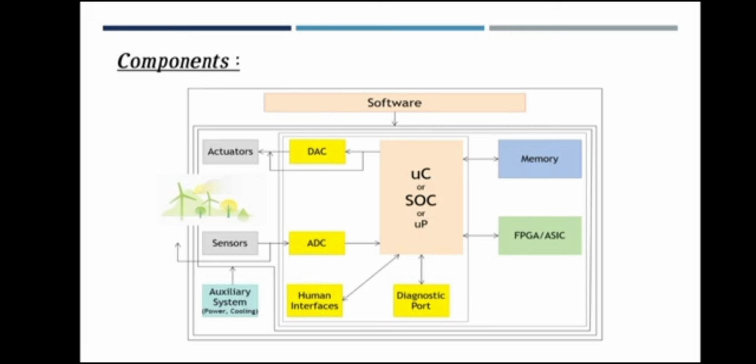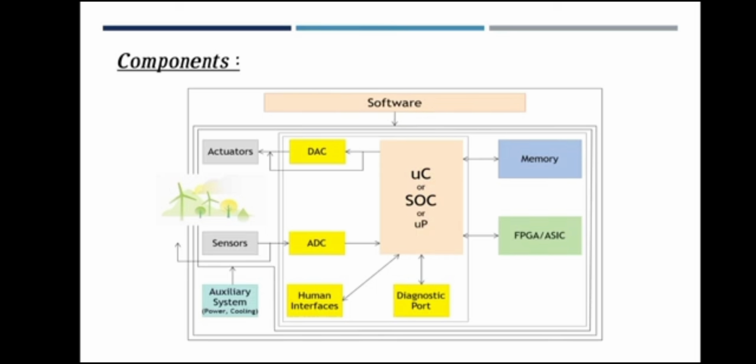These are the examples of embedded system: microwave oven, washing machine, television, CC camera, refrigerators, car, robotics, aeroplane, MRI scanning, CD drives, Wi-Fi routers, missiles, mobile phones, etc.